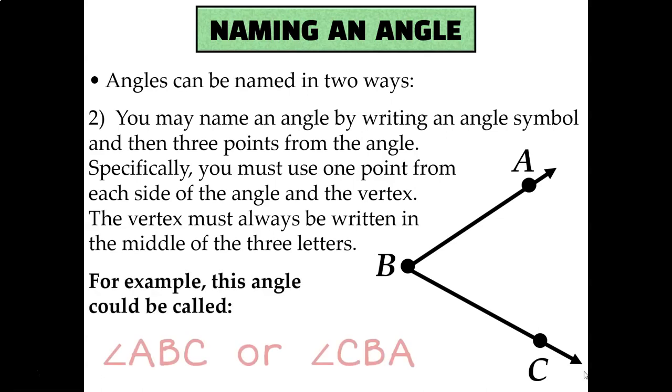So I could call this angle ABC or angle CBA. For both of these names, B is written in the middle of the 3 letters because B is the vertex, whereas point A and point C are just points on either of the 2 sides of the angle. Angle ABC and angle CBA are the only correct names that you could give to this angle.